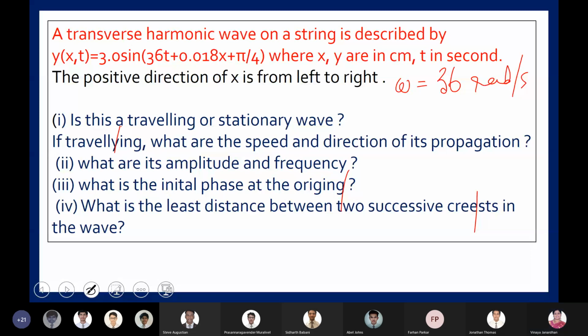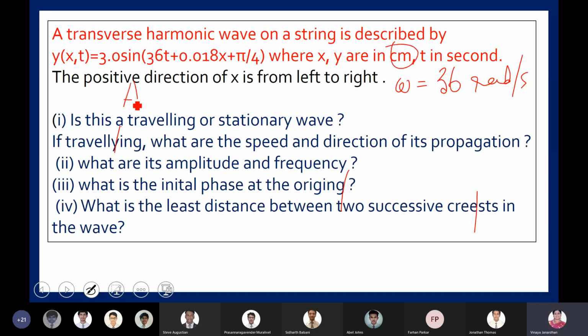Okay, fine. What is the wavelength? You people have got this. This is correct. What is the wavelength? Ma'am, 2 pi by 0.018, correct? Yes, ma'am. Okay. First, centimeter should be converted to meters. Though x is given in centimeters, you have to convert it to meters.